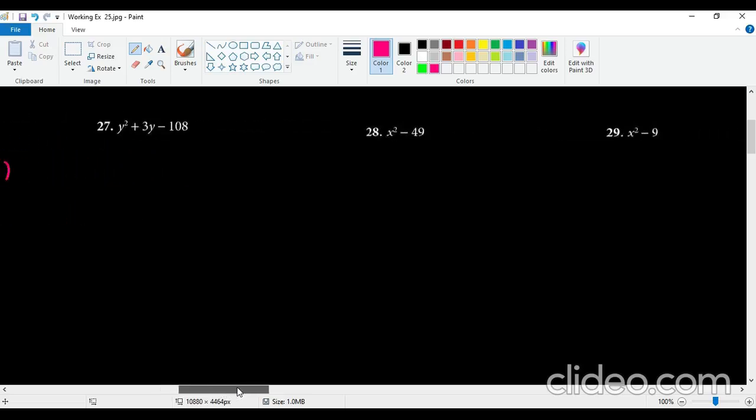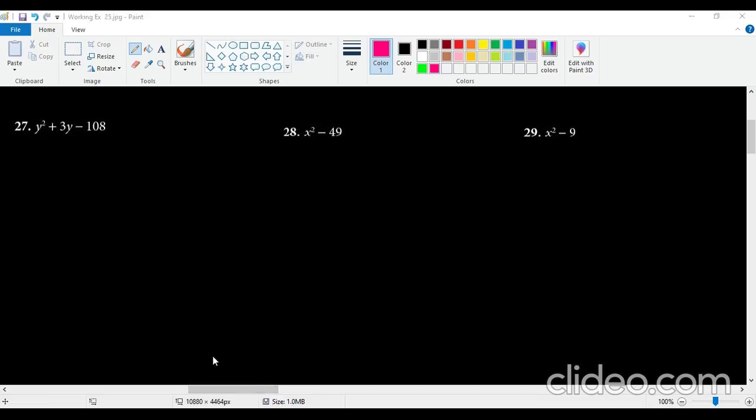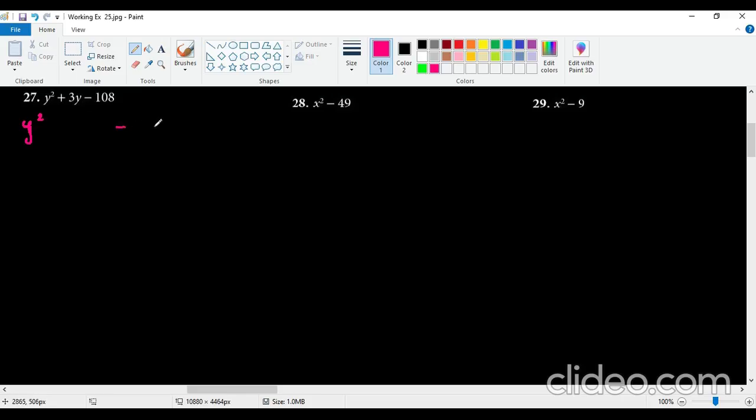Moving on to question number 27. Question number 27 is about 108, and I know very well that y square and minus 108 will be written like this, and I know that 12 times 9, so plus 12y minus 9y.